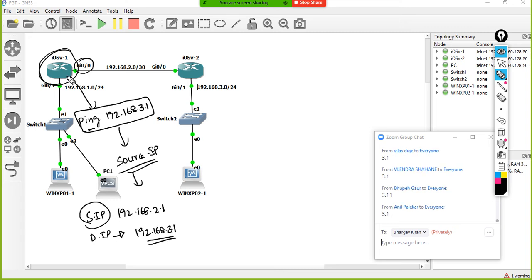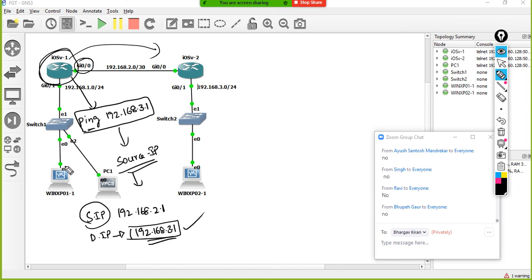So now what will the router do? Before it sends its information out, it will check its routing table. Do you understand, guys? Does the router know about the 192.168.3 network? No. Does router 1 know about the 3 network? No. That's why, is it able to send it?